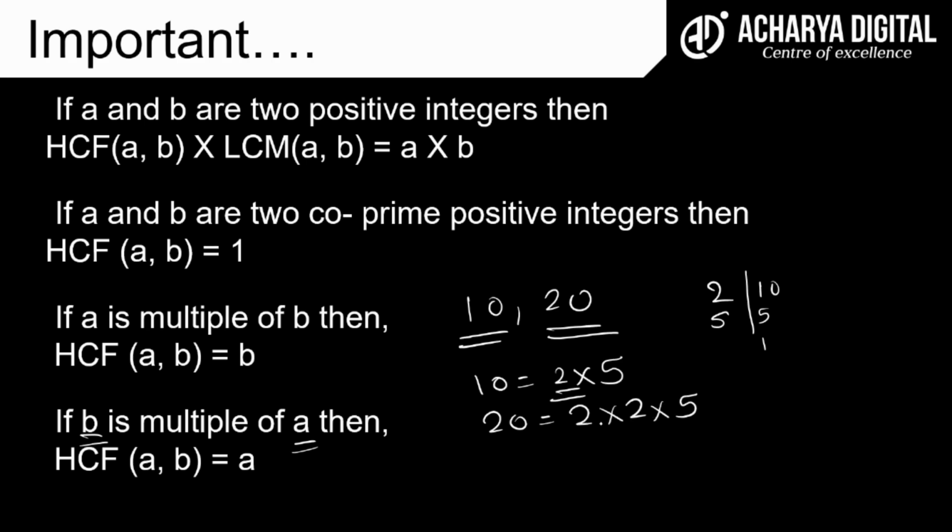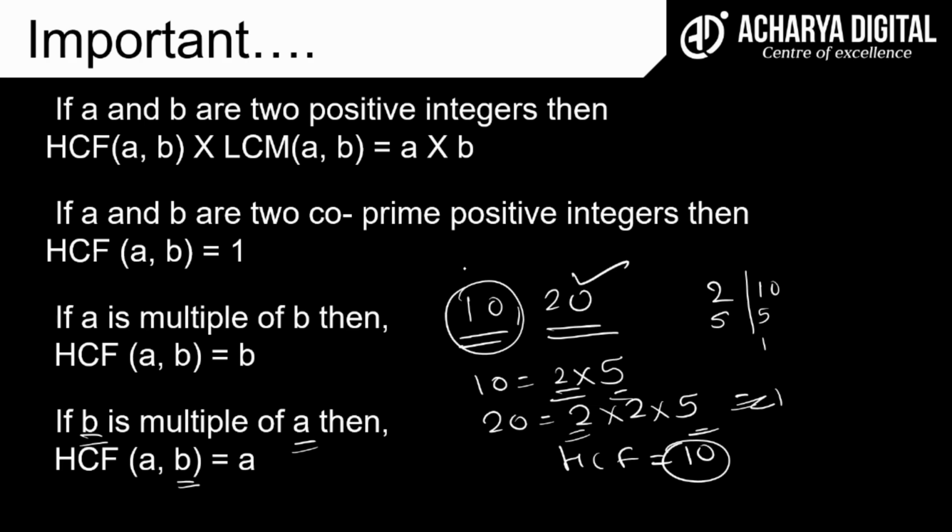So what is HCF here? HCF will be 10. And what is 10? 10 is the first number, na? So if second number is a multiple of first number, if B is a multiple of A, then in that case HCF is always the first number, that is A. A is 10. Got it?